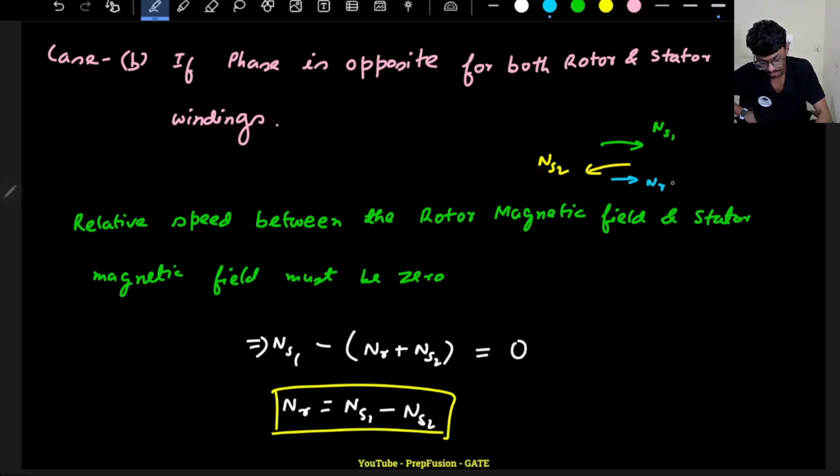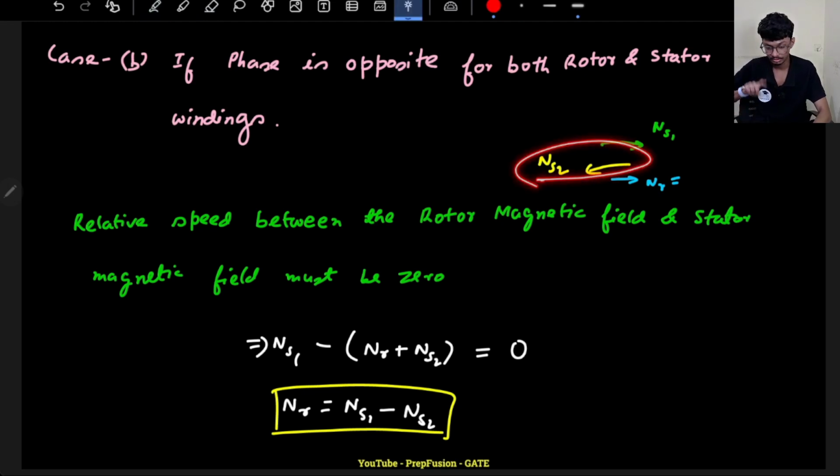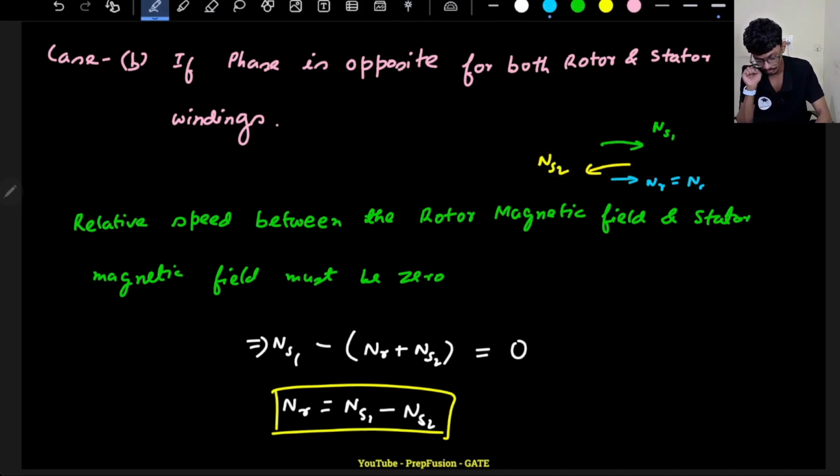I can intuitively say the rotor speed, first of all, has to cancel out this ns2. Why? Because the relative speed between the stator magnetic field and the rotor magnetic field must be 0. So first of all I have to take this one out, so it will be ns2. Now to a stationary observer, the rotor magnetic field has 0 speed.